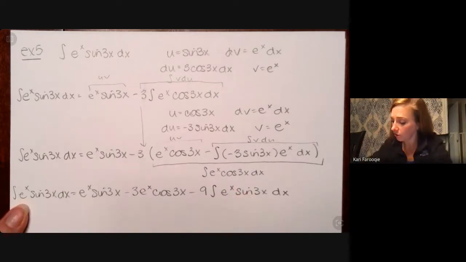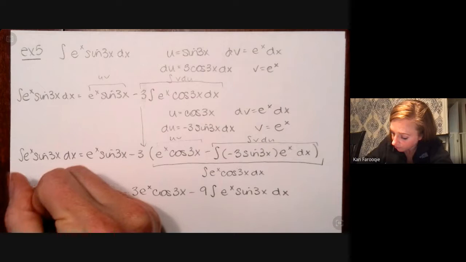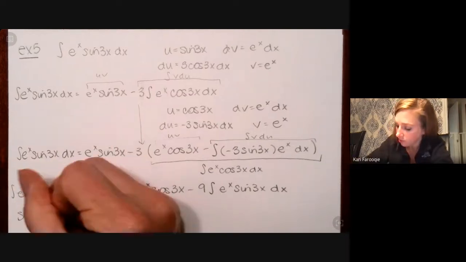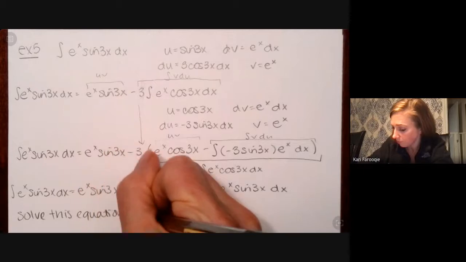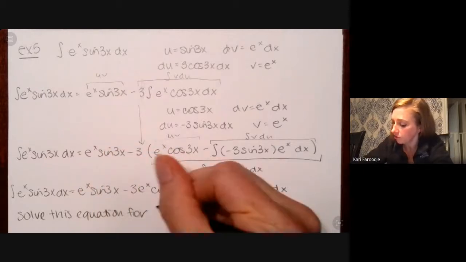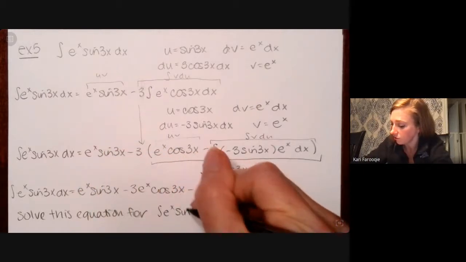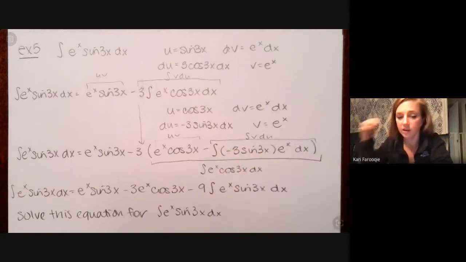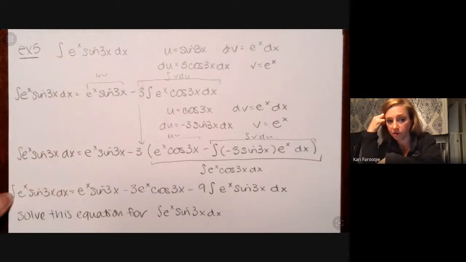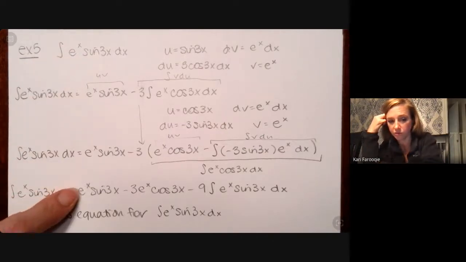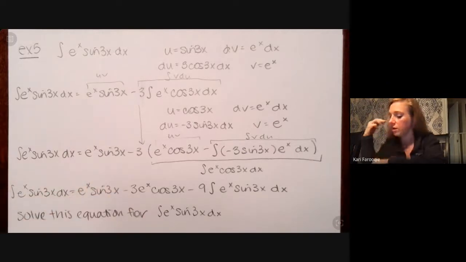We're going to solve the equation. I'm going to say solve this equation for the integral of e to the x sine 3x dx. I mean, that's what we were trying to find, right? This thing. So we've got an equation here. We said, okay, this is equal to this, which is, subtract off this and that.